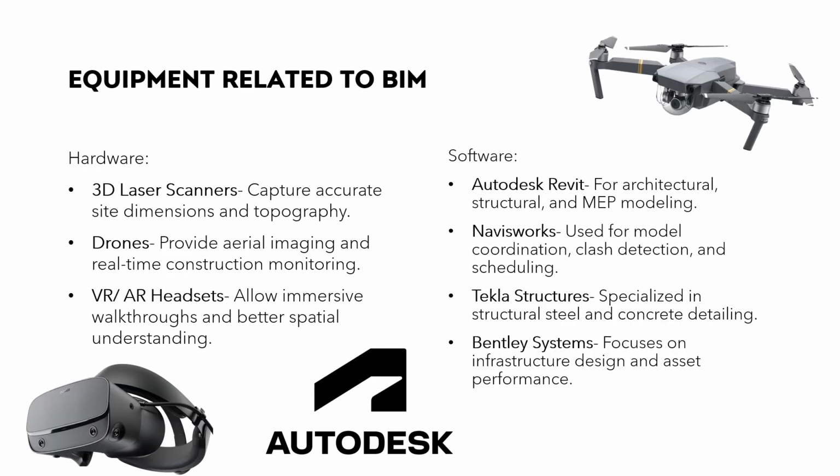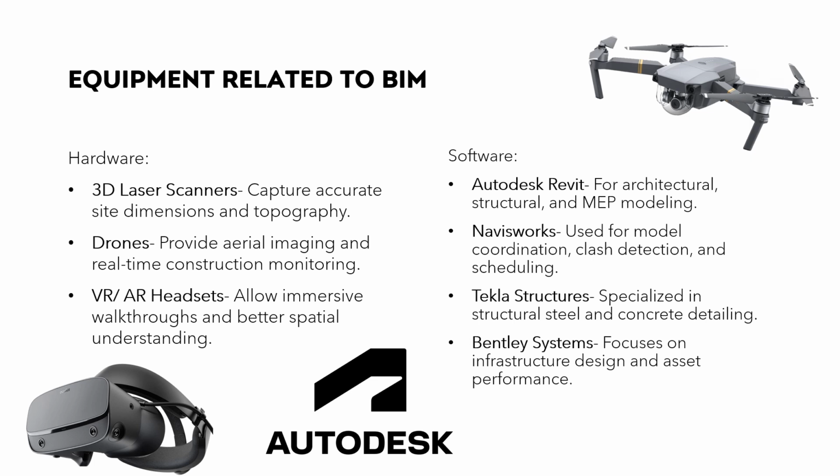So some of the equipment that's related to BIM or that is being used is 3D laser scanning. Well, first we'll go through the hardware and then some of the software that's being used. So for the hardware, we have 3D laser scanners, which capture accurate site dimensions and topography. Then drones, which most of us know what they are, provide aerial imaging and real-time construction monitoring.